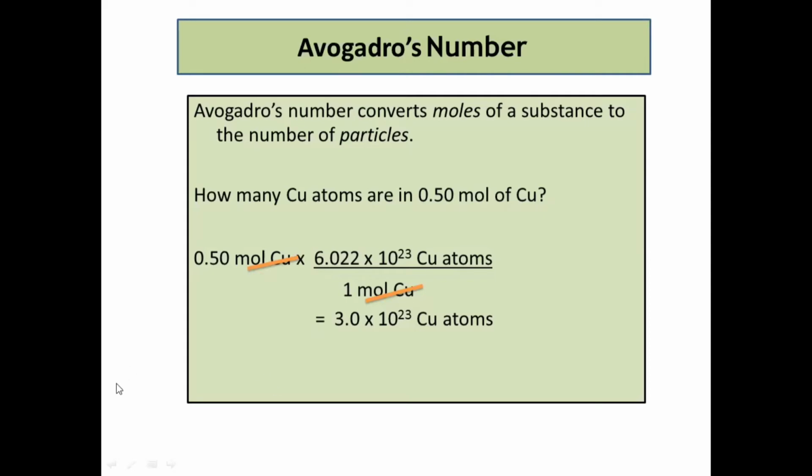Here you can see that the mole gets cancelled, and 0.50 into 6.022 corresponds to 3.0 into 10 raised to 23 copper atoms. So you can calculate the number of atoms of any element in a particular mole quantity of that substance. This is a very simple calculation.